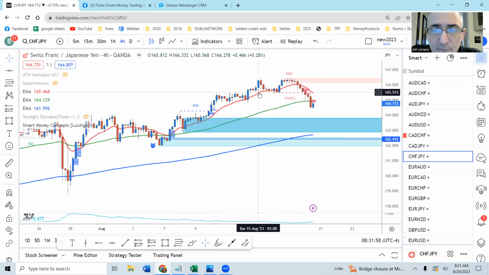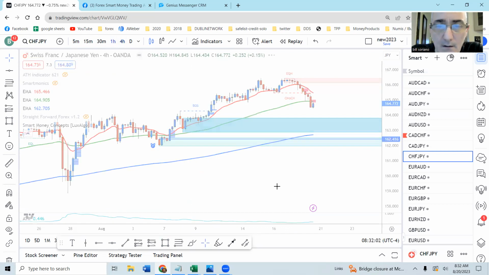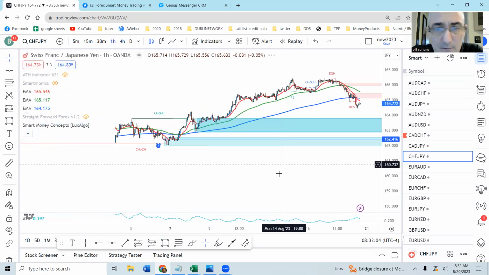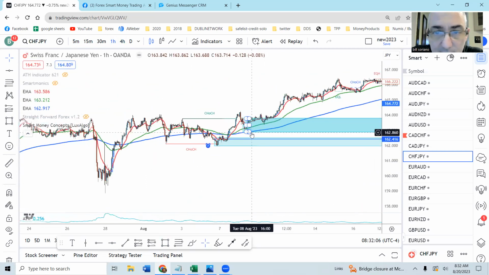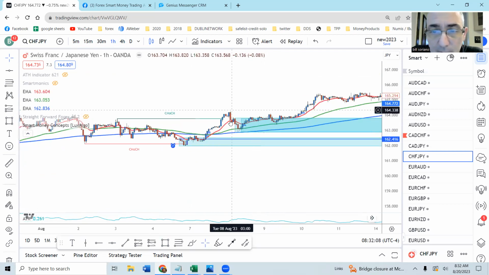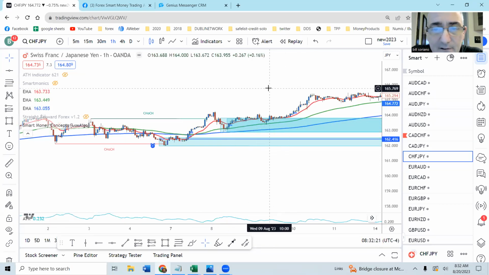Last down candle before this up move, right? So if we drop down to the 1 hour, put this again here. Here's really where we want to trade from up here. Now this is going the wrong way. Yeah, see, I really don't see anything on here that I like.